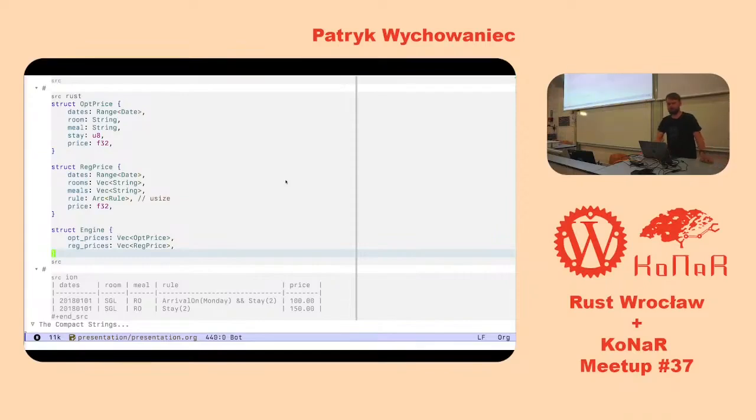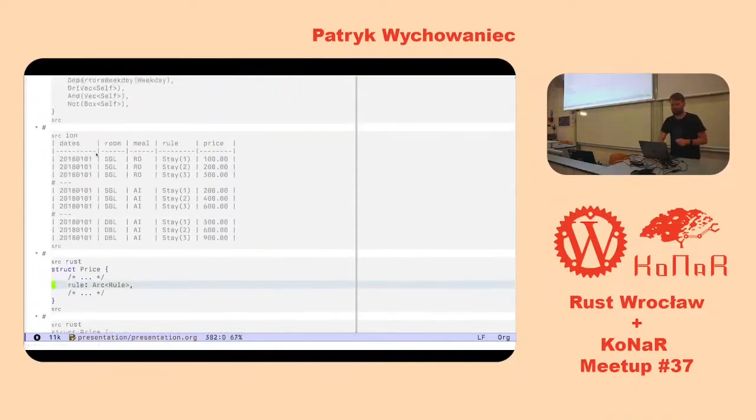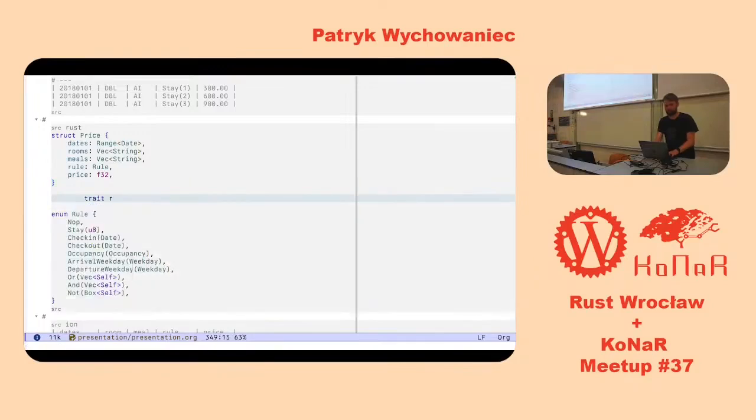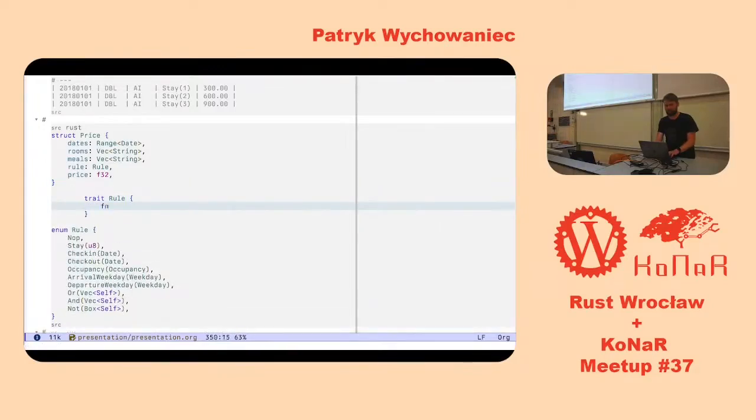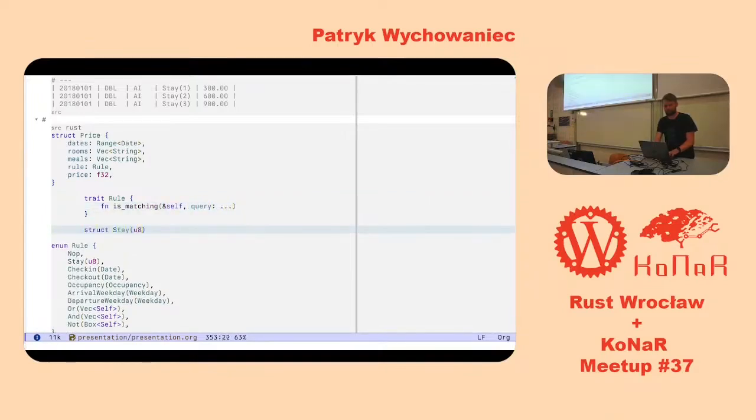Yes. So to rephrase the question, why don't we use a trait rule instead of a huge enum. We would imagine we would have a trait rule with some function like is matching some query, and then we would do a struct and implement rule for this.